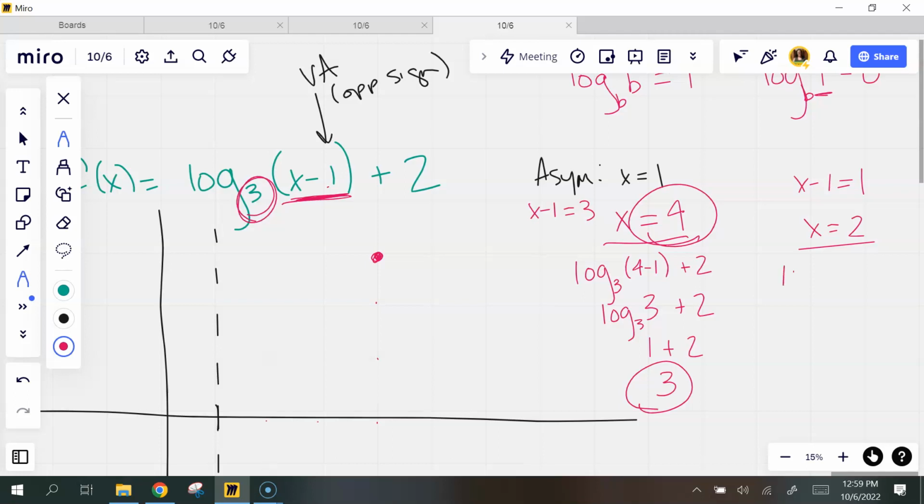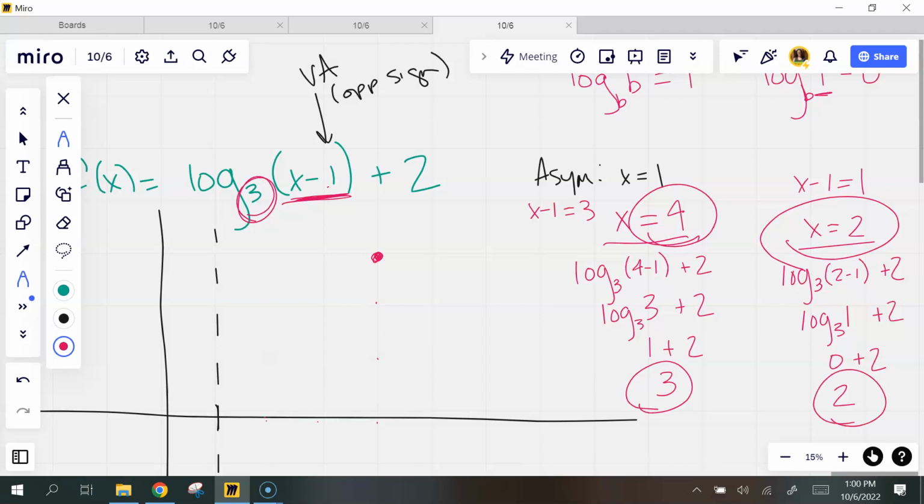Now if I plug in 2, log base 3 of 2 minus 1. What's 2 minus 1? What is log base 3 of 1? So 2, 2. There's only one way to go with the graph.